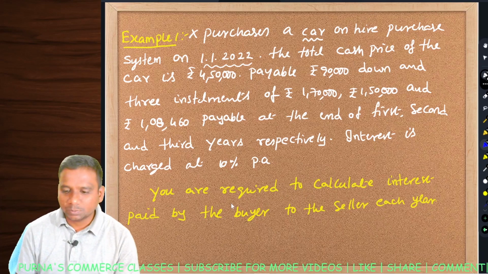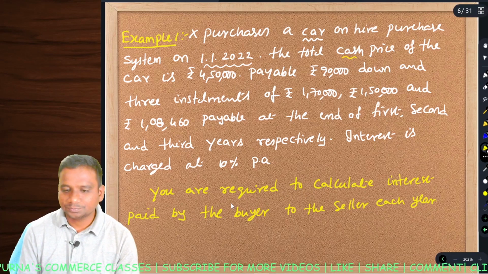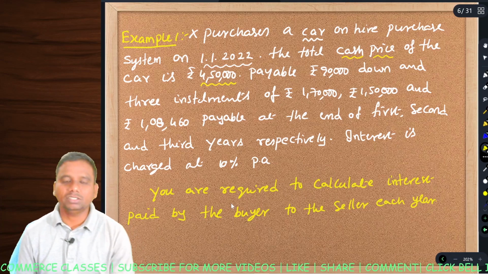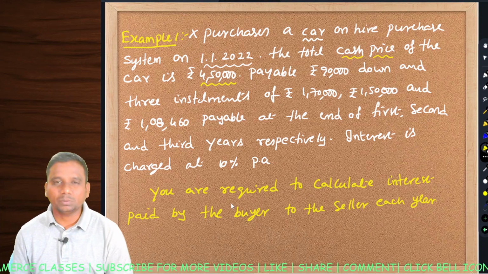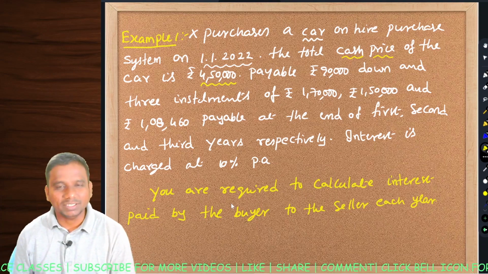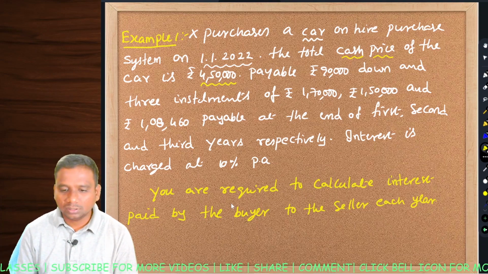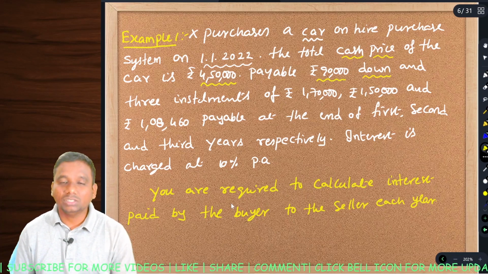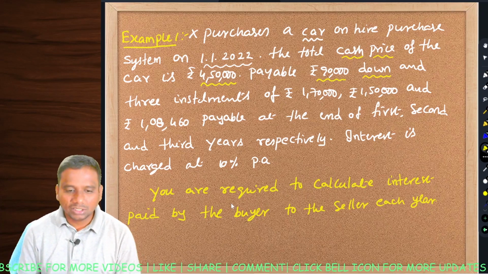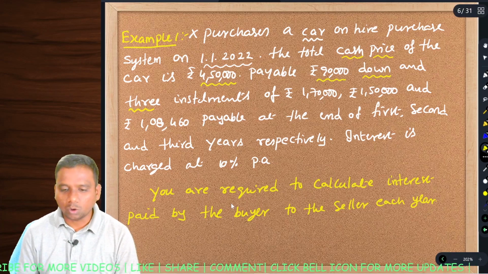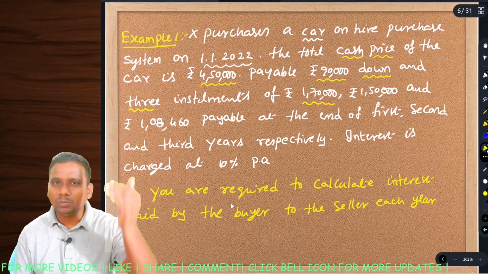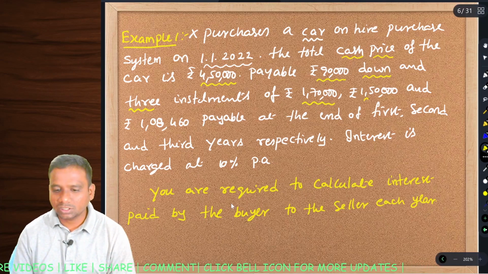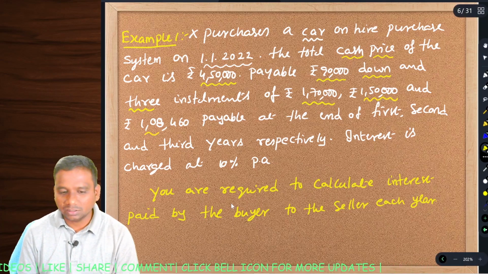The total cash price is 4,50,000. With this, you can write the first entry. Next, payable 90,000 down payment and 3 installments. Total how many installments? 3. First installment, second installment, third installment.